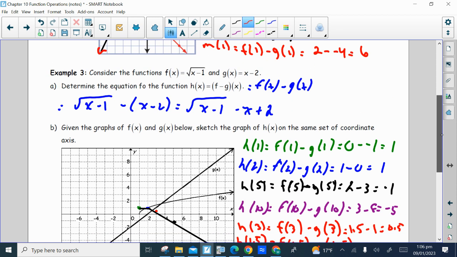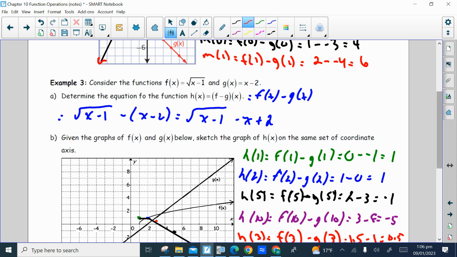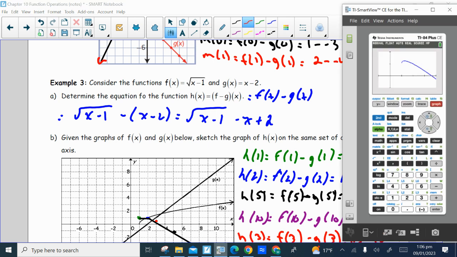For f at 1.5, we can use the equation because we have it, right? So we actually don't have to do any estimation if we don't want to. 1.5 take away 1 is 0.5. And so we need to take the square root of that, the root of a half, which is 0.707.